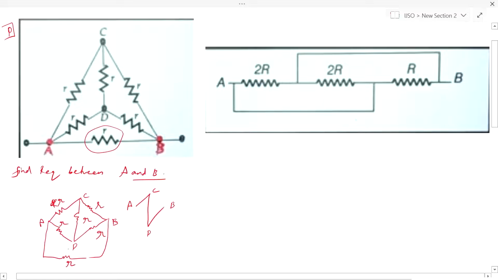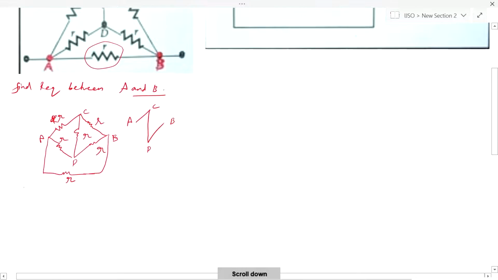So now this is the case of balanced Wheatstone bridge. R by 2. Final answer is R by 2. One minute. R and R will be in parallel. Answer is R by 2.